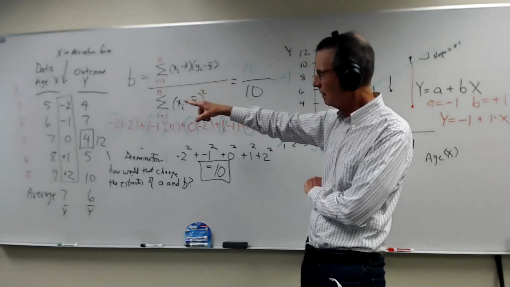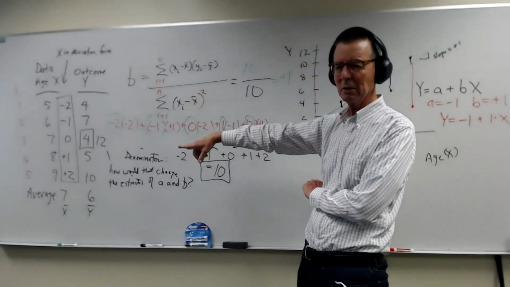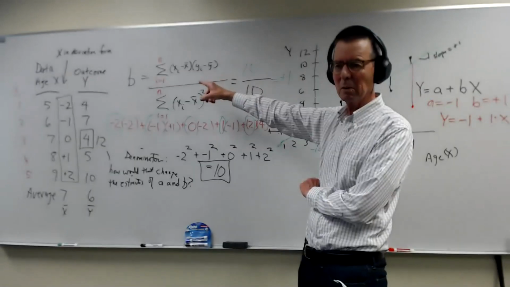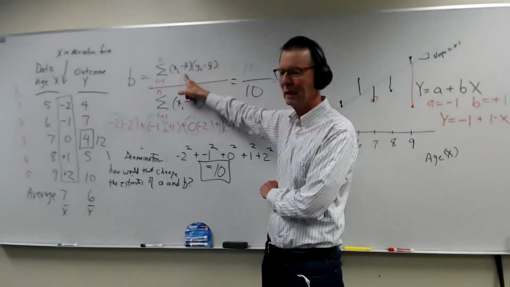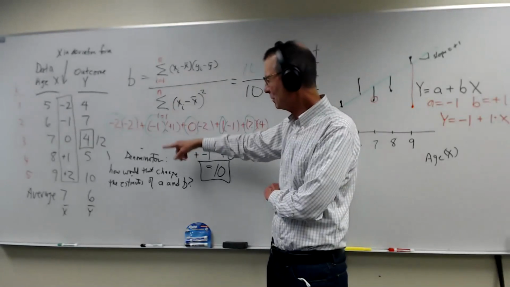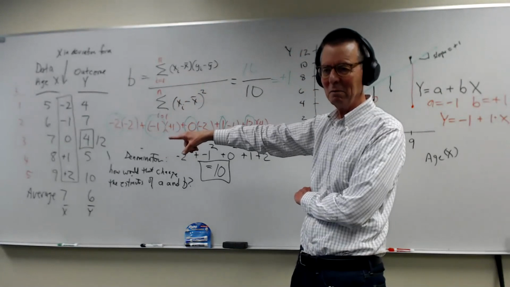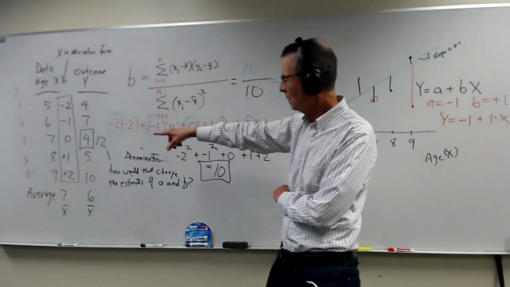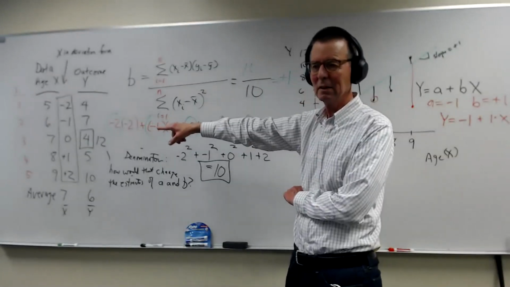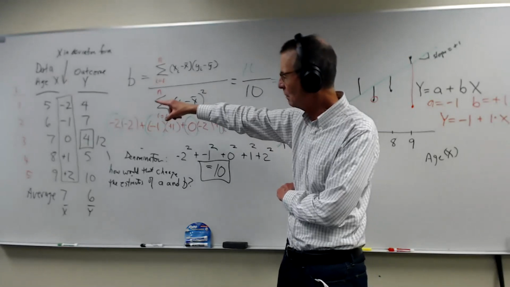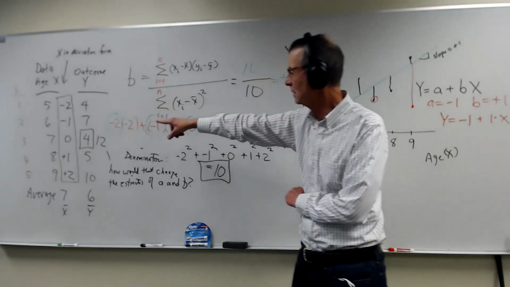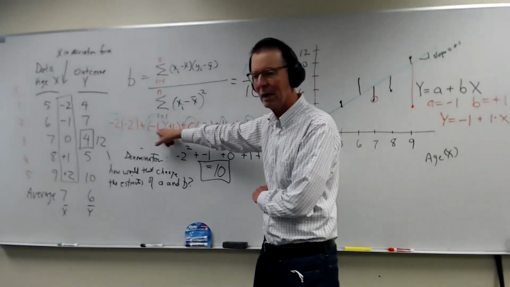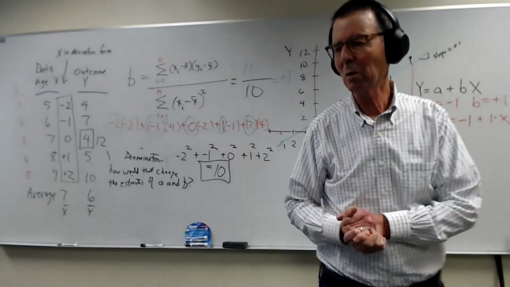You could plug in the 5, 6, 7, 8, 9 values to this formula, but you're always subtracting whatever the mean is. And for us, the mean was 0. That was a convenient kind of transformation. But the mean could have been 7, and we would have subtracted 5 minus 7 and still gotten minus 2, 6 minus 7 and still gotten minus 1, and so forth.